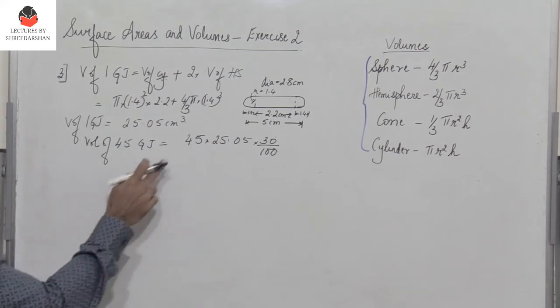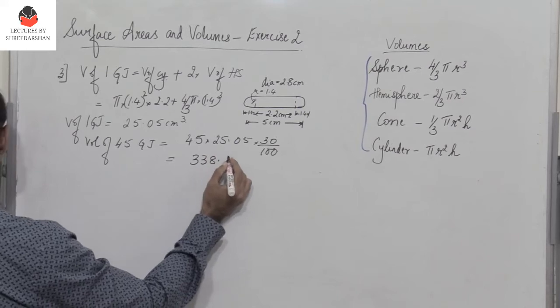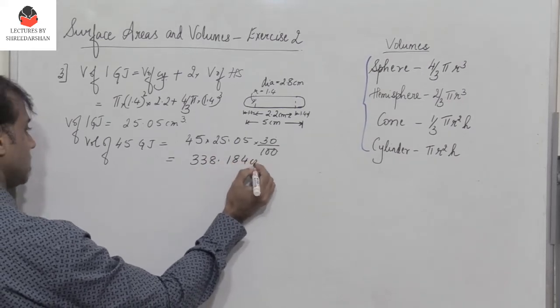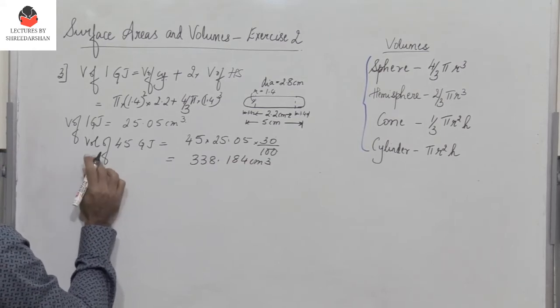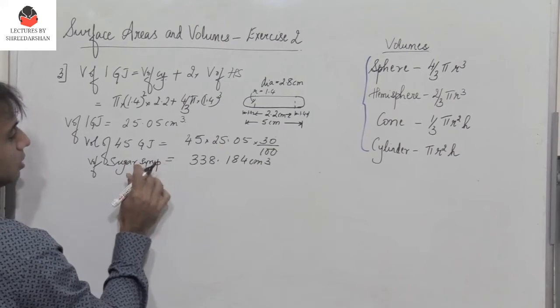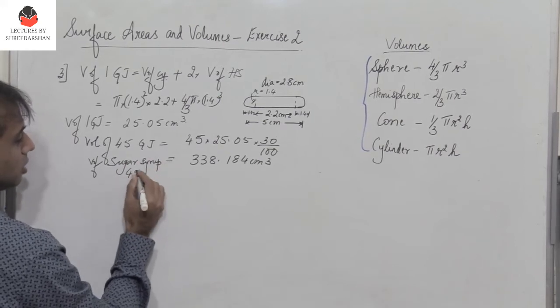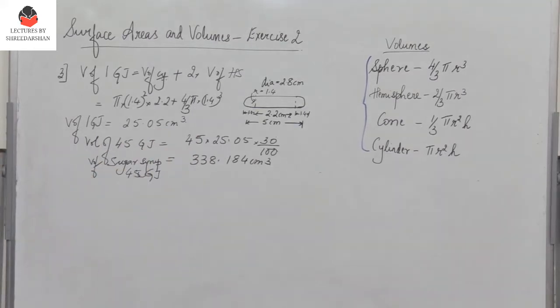When I do this calculation, I will get 338.184 centimeter cube. So this is the volume of sugar syrup present in 45 gulab jamuns, which is 338.184 centimeter cube.